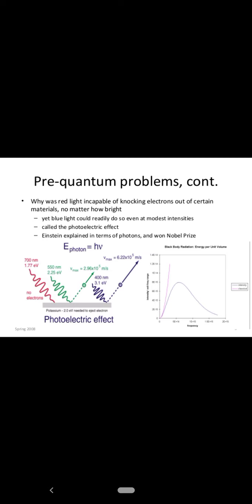However, when red light was incident on a photoelectric material, there was no ejection of electrons. Yet blue light could readily do so even at modest intensities. This was called the photoelectric effect.